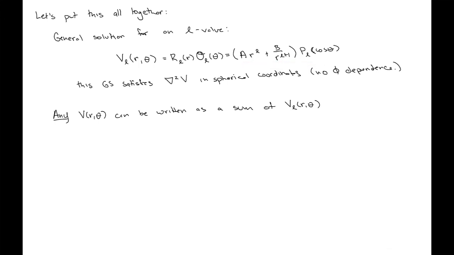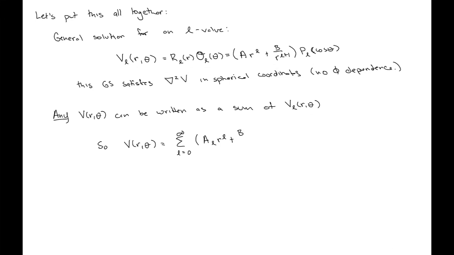So if I want to specify a particular potential that satisfies a particular set of boundary conditions, I can sum over a set of functions, from L to infinity, where the coefficients are also going to depend on L because each term has its own coefficients, just like in the Fourier sine series.